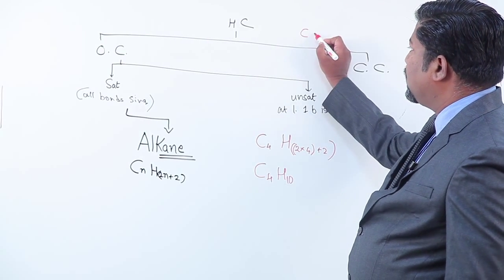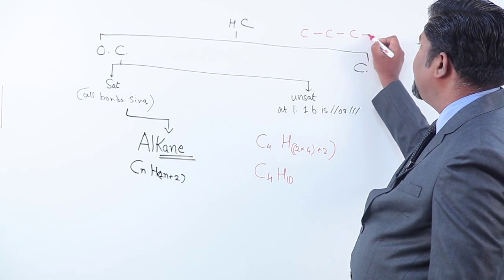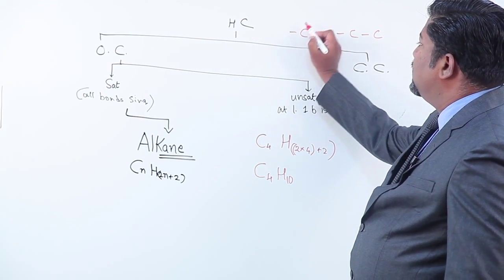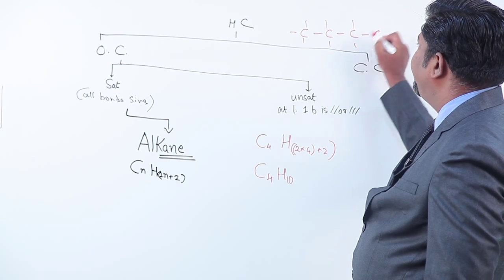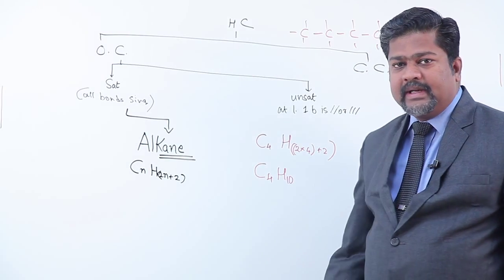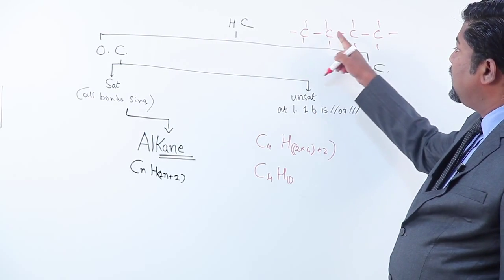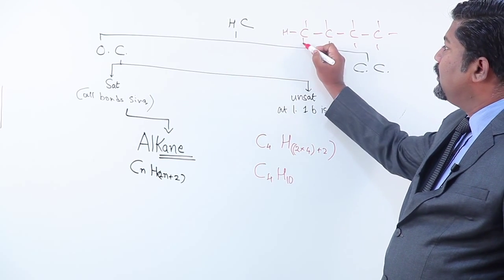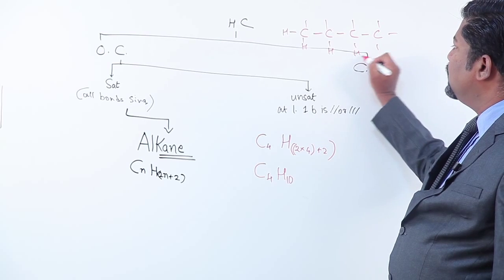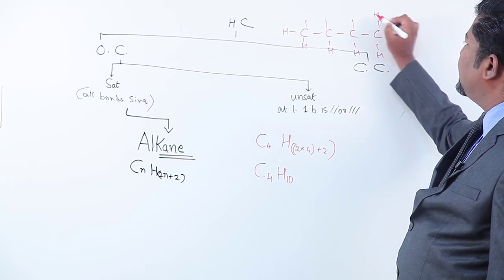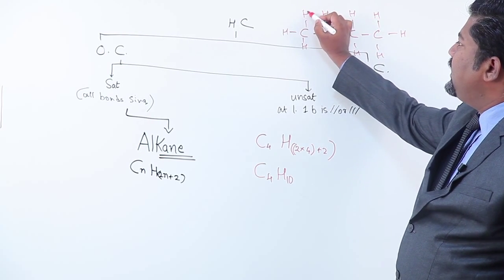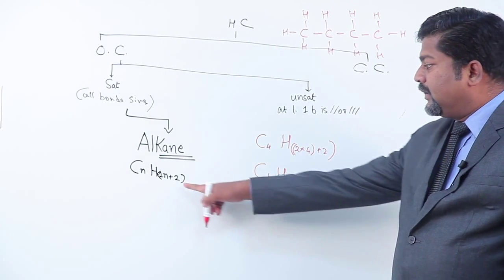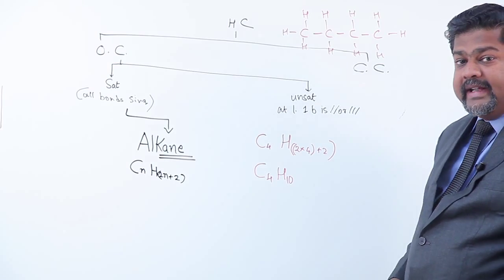Let me draw the structure also. We have 4 carbons, with valency satisfied by hydrogen. Let us check out: 1, 2, 3, 4. So 4 carbons, with valency satisfied by hydrogen. So first hydrogen, second, third, fourth, fifth, 6, 7, 8, 9 and 10th. So this way carbon 4, hydrogen 10. This is the general formula for alkane.